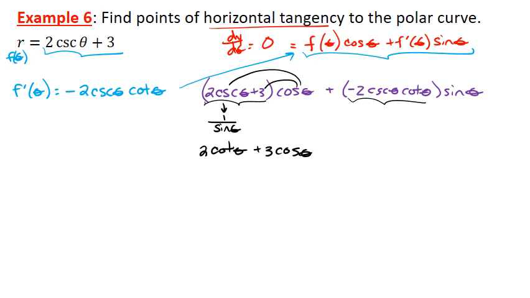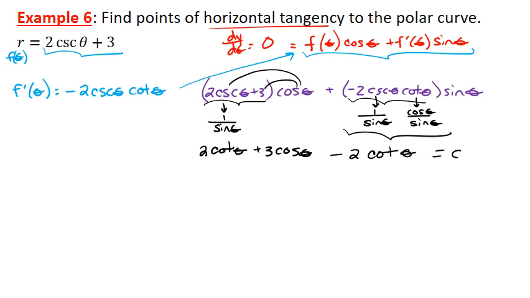Same type of thing over here. You might want to think of cosecant as 1 over sine of theta and cotangent as cosine of theta over sine of theta. If you're multiplying by sine of theta, this ends up giving us a negative 2 cotangent of theta.